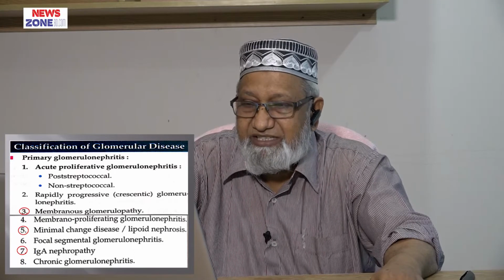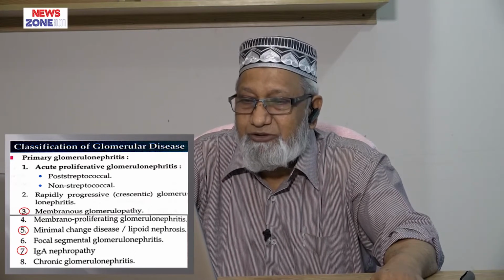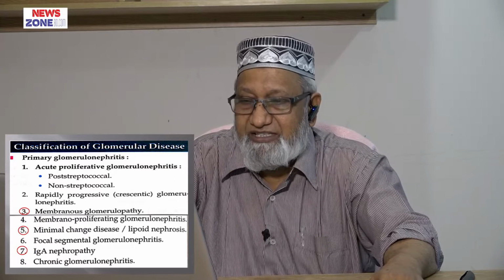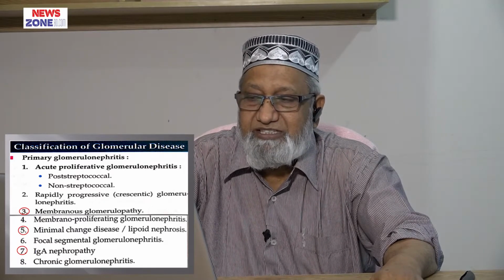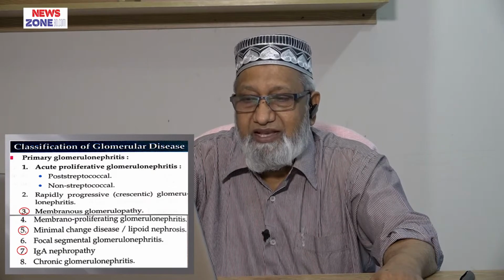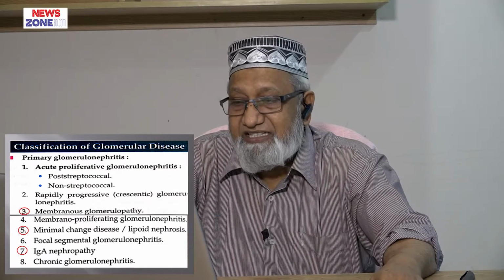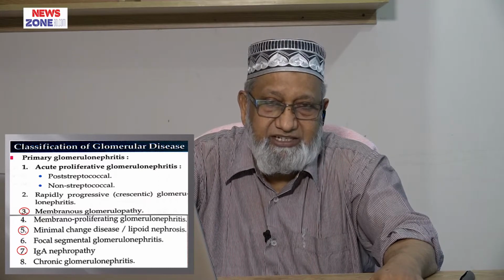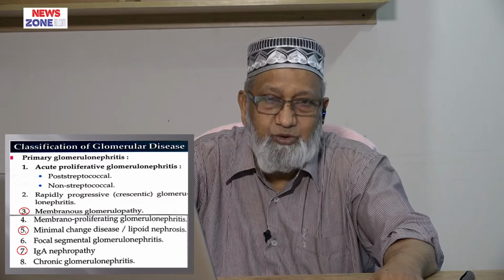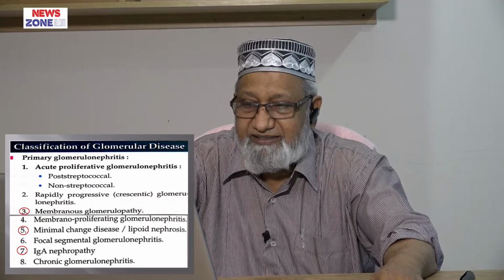More than 60% of nephrotic syndrome is caused by membranous glomerulopathy. Membranoproliferative glomerulonephritis is also common, and minimal change disease or lipoid nephrosis is very common in children, sometimes more than 80% of cases.